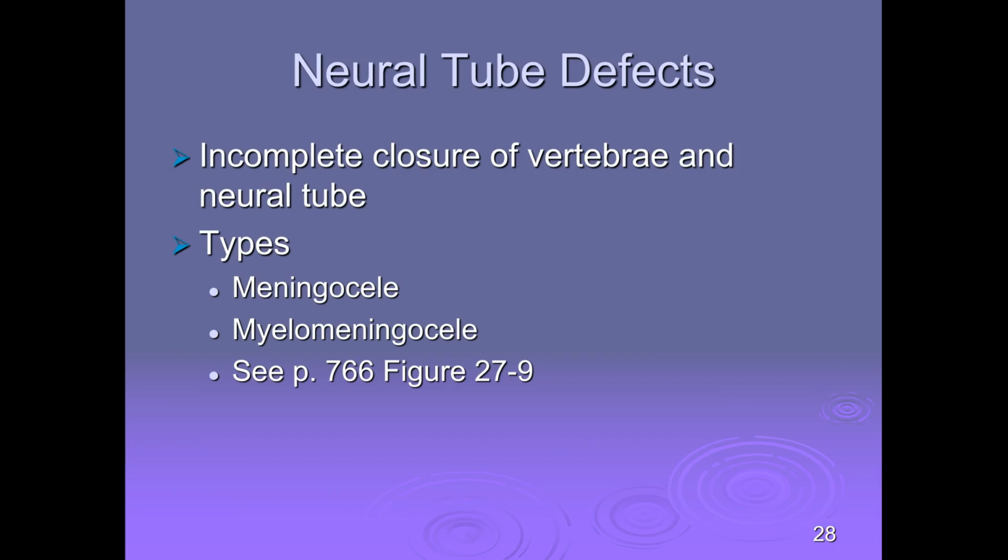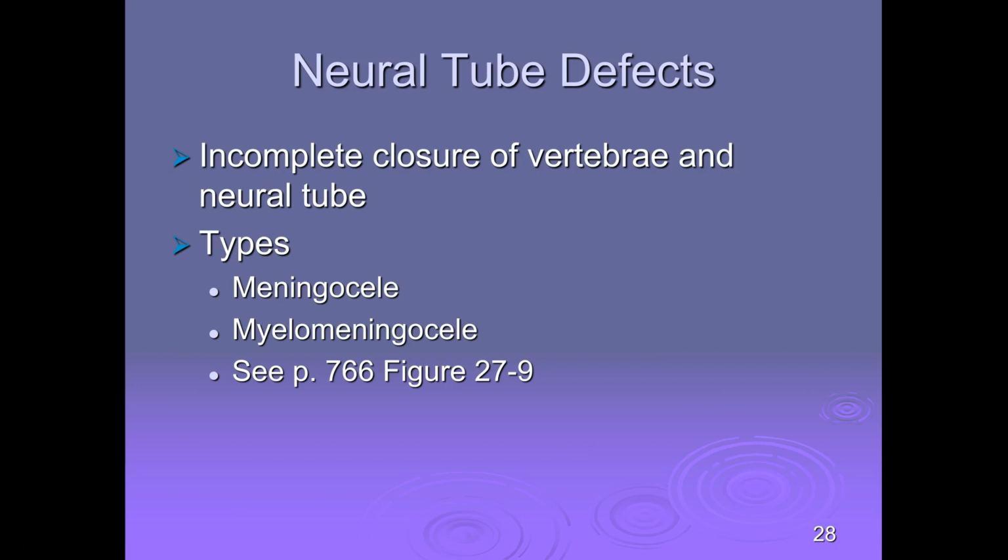Even when we do put in that VP shunt in that child, and that child grows, who's going to do that VP shunt revision? Or if it gets clogged, who's going to unclog that VP shunt? They don't have pediatric surgeons there all the time. I love traveling and I love doing American medicine elsewhere, but our medicine doesn't work in a lot of countries.